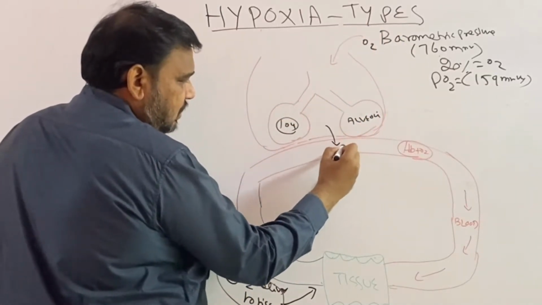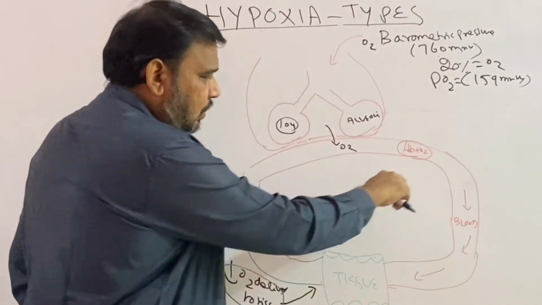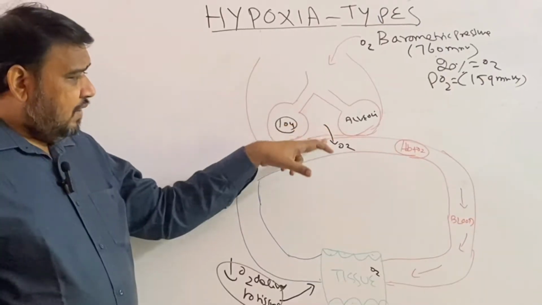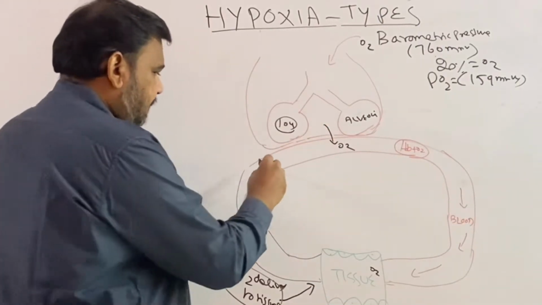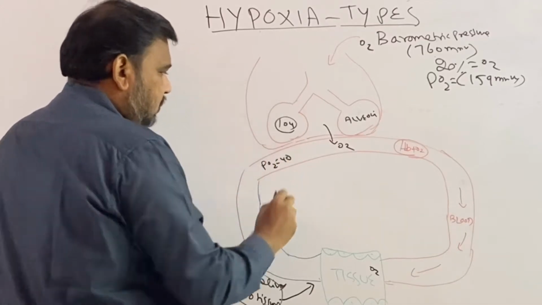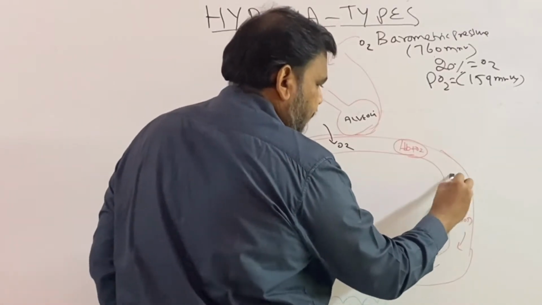From here, the gas exchange takes place in the capillary, and the oxygen is transported and finally enters the tissue. Here the PO2 is 40, and here it is 95.